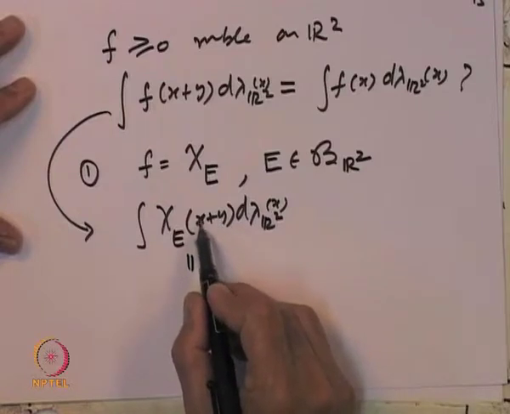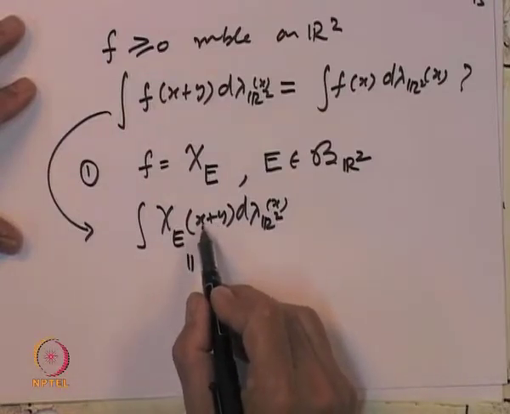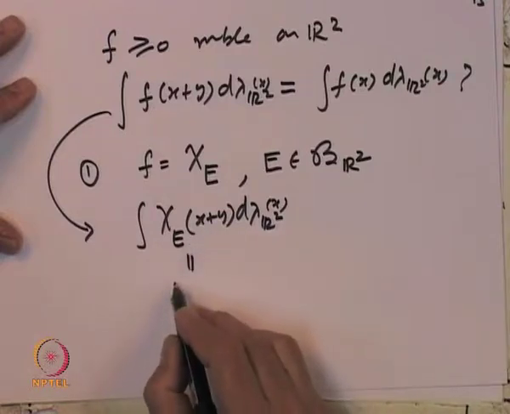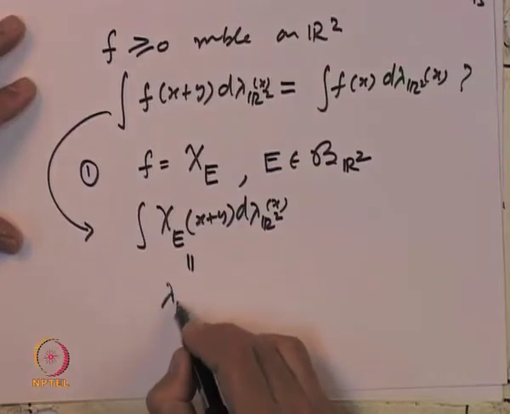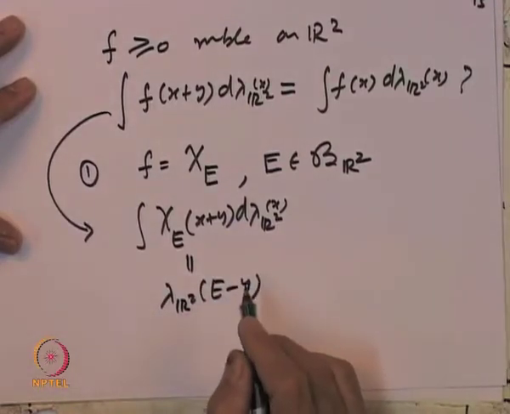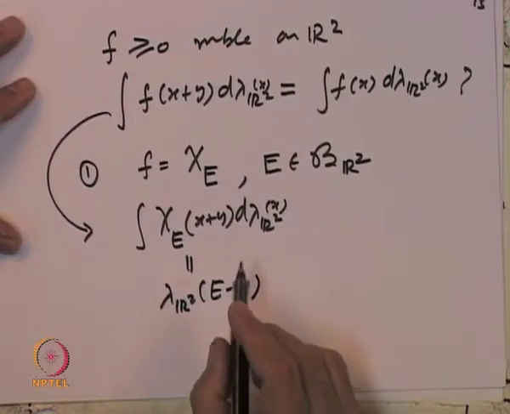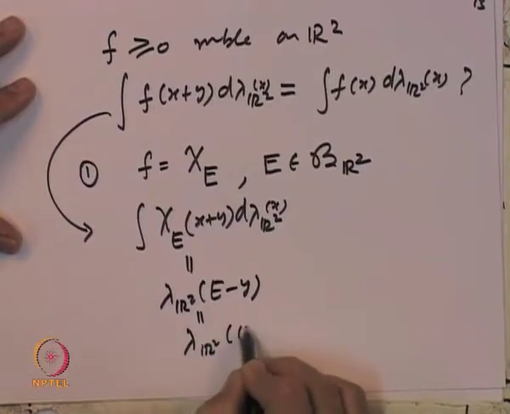Now x plus y belonging to E means x belongs to E minus y. So, this is the integral of the indicator function of E minus y, so it is lambda R 2 of the set E minus y. But by the translation invariance property, that is the same as lambda of the set E.